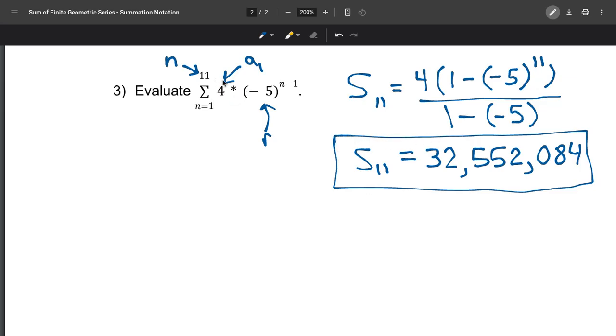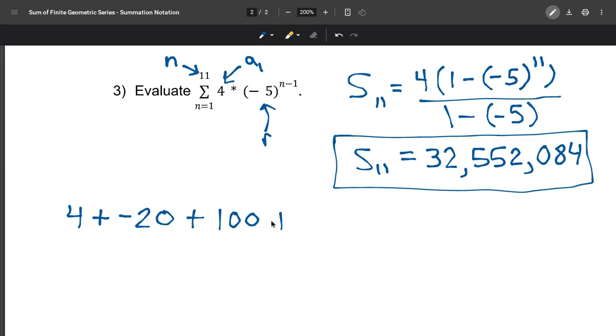And if you want to figure out more of what this summation notation represents, we have a geometric series here. So we have 4 plus, and our second term is 4 times negative 5, so that's negative 20. Plus, our third term is 4 times negative 5 squared, so 4 times 25, which is 100.